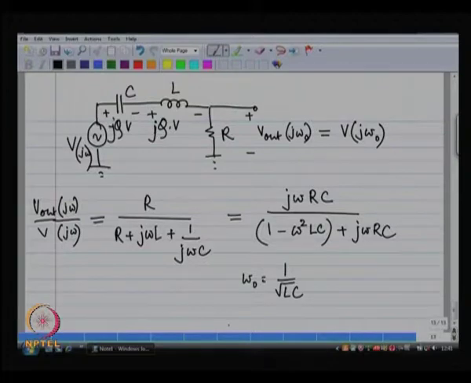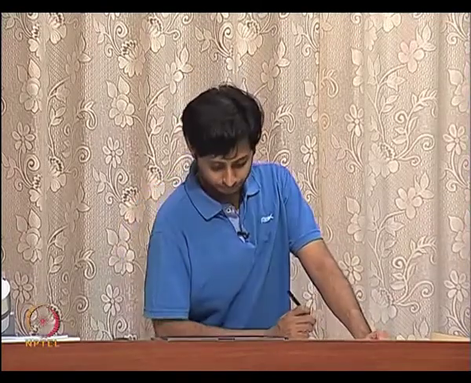But j is irrelevant as far as the magnitudes are concerned. So, one of these will be j Q times V, the other will be minus j Q times V, and they will cancel out with each other, and you are finally going to see V at the output across the resistor.